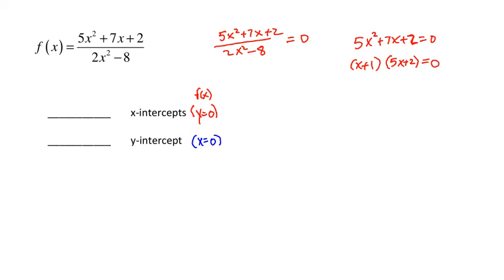When this is equal to 0, what we're really trying to find are the zeros for our polynomial. So for x plus 1, that 0 would be x equals negative 1. For 5x plus 2, if we solve that to get x by itself, we end up with x is negative 2/5.